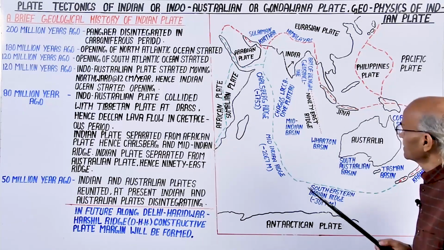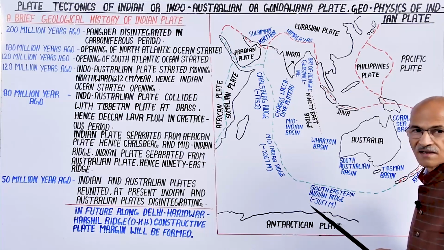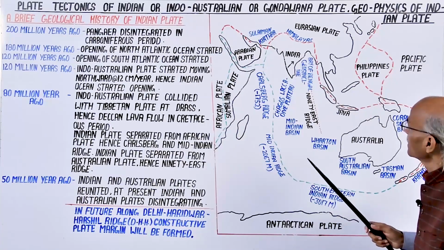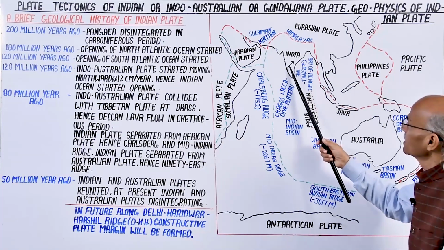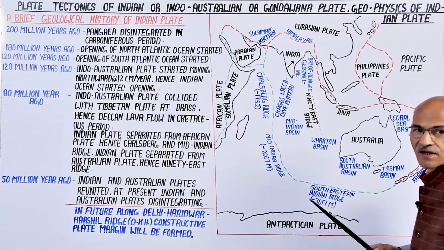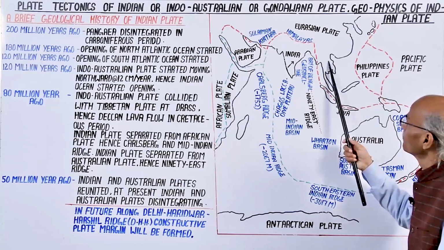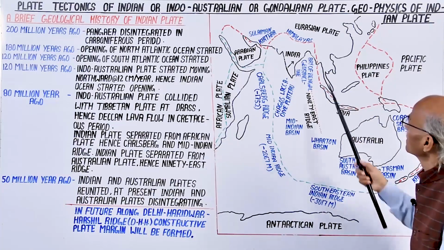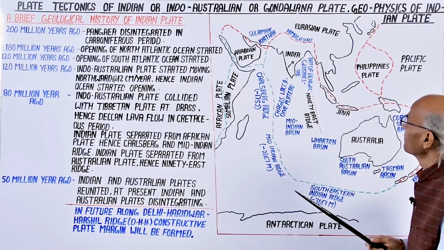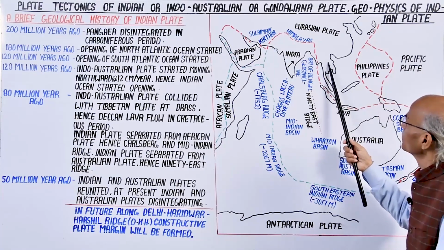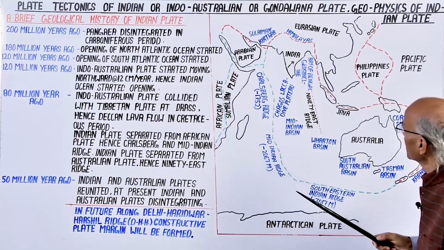Hence, it is an oceanic plate, that is heavier, and that's why its rate of motion is very high. It is still moving at 4.5 centimeters per year, and this plate is a continental plate. Hence, the Indian plate is submerging into this continental plate.